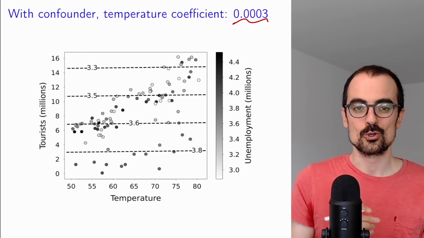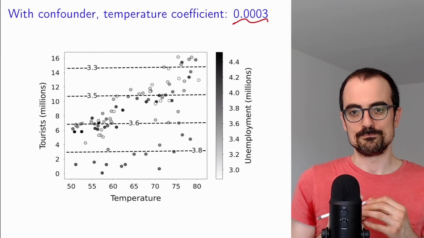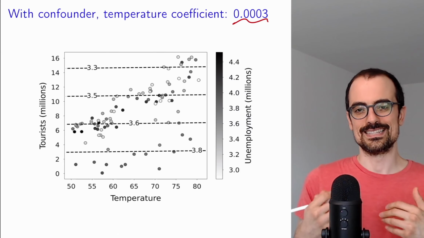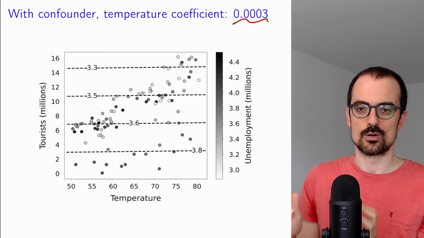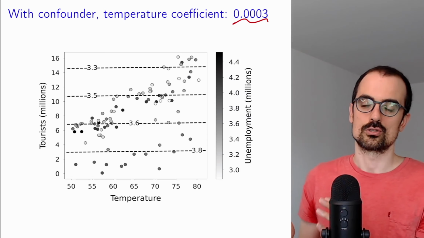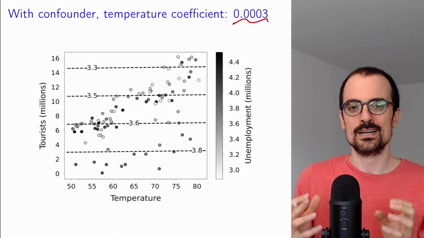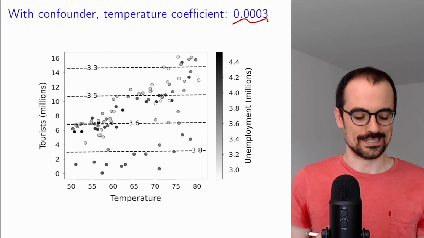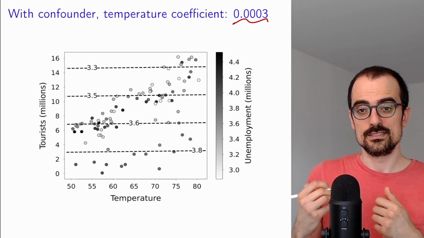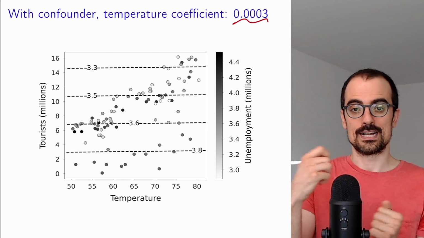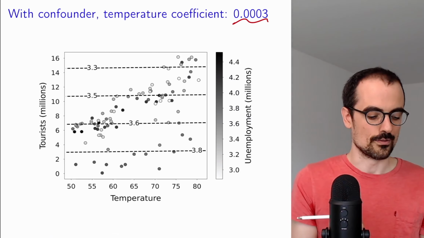So this conclusively shows that temperature does not have a causal effect on unemployment, of course, assuming that there are no additional confounders, and this is consistent with common sense. It's the tourists that were governing this dependence between temperature and unemployment, acting as a confounding factor.